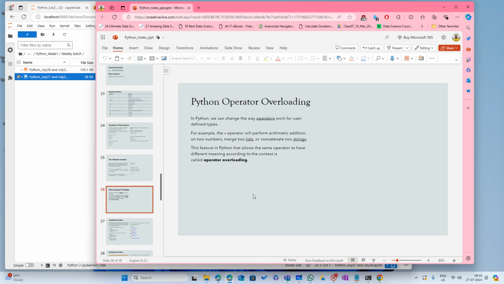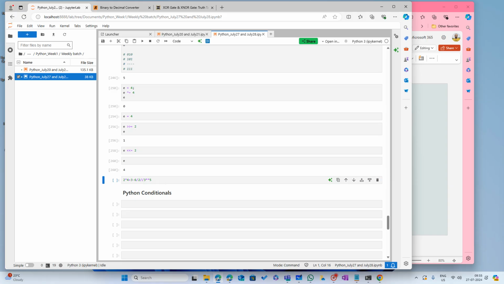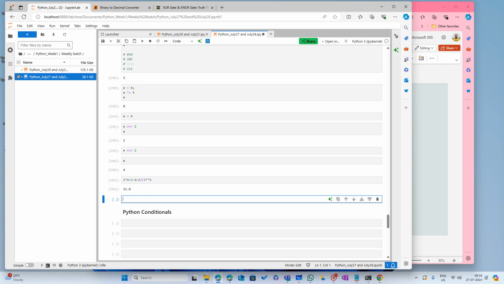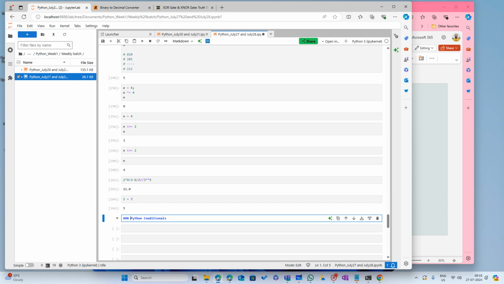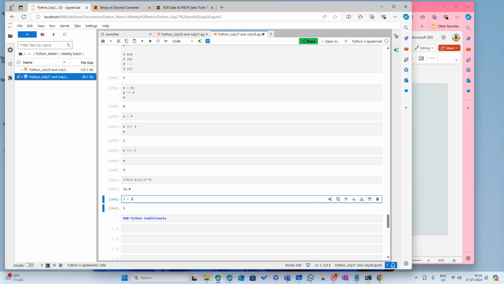And Python operator overloading. Operator overloading is a topic where one thing is used multiple times. For example, this plus symbol: if you add two numbers, it will give you the sum.